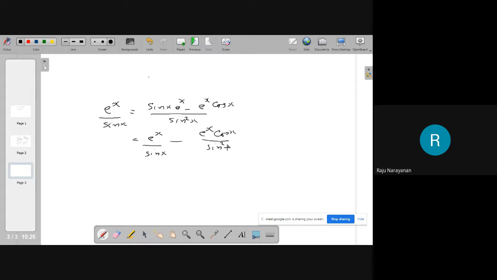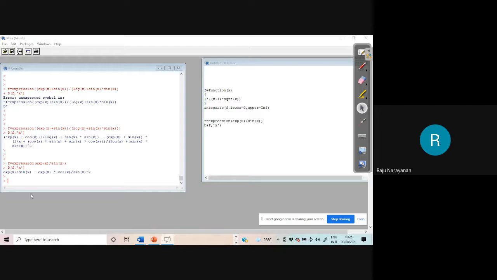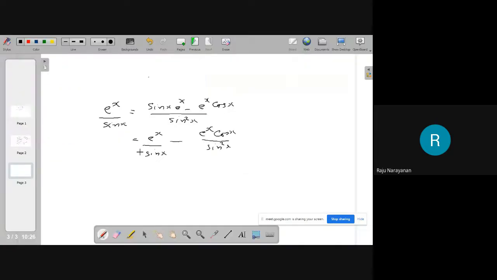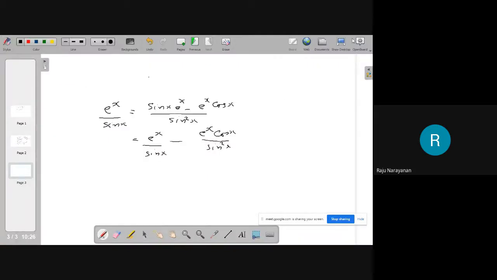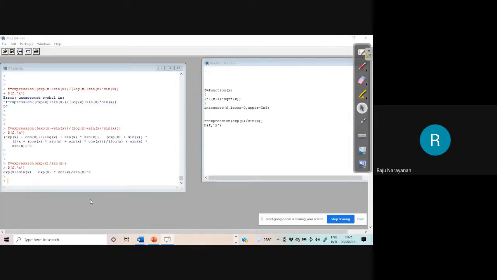I don't know what form it is taking. The first term is e raised to x by sin x. The second is e raised to x into cos x by sin square x. Oh, this was the mistake: previously we made sin upper arrow 2. Sin square x we have to give in this way. Correct.